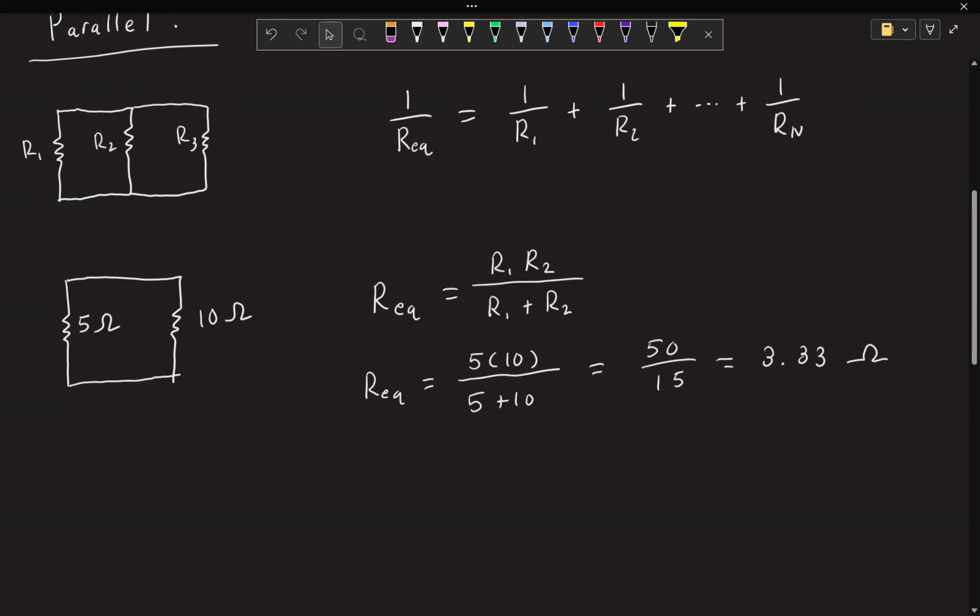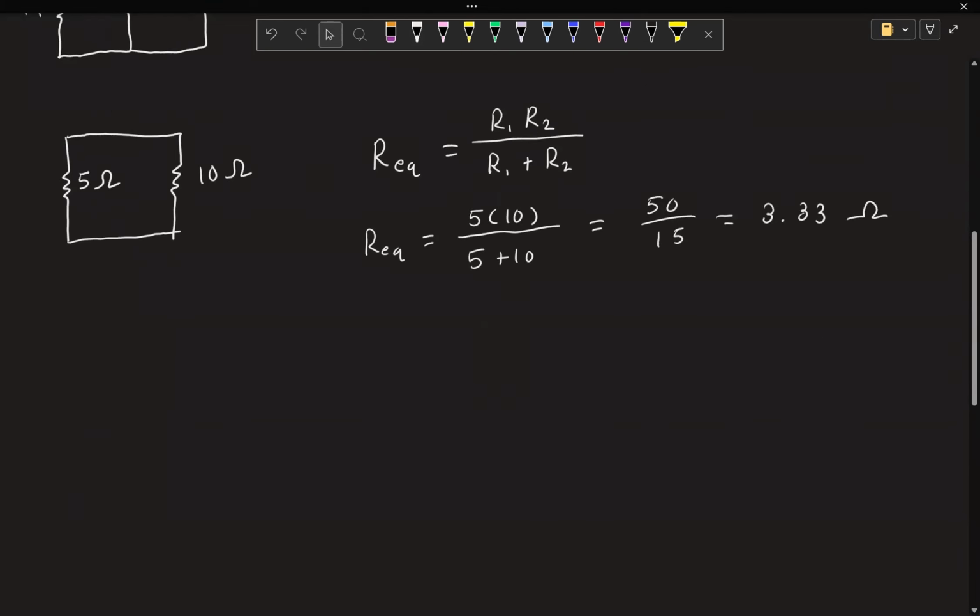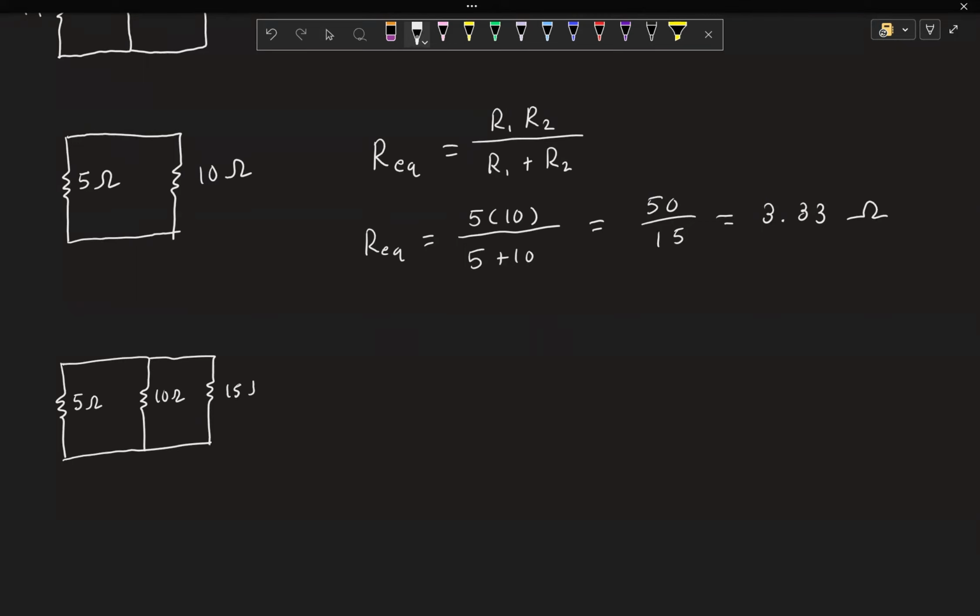Now, that's the main scenario you're going to come across. The other one, not as common, but you might see it, is just when you have 3 resistors connected in parallel. So let's say 5 ohm, 10 ohm, 15 ohm.